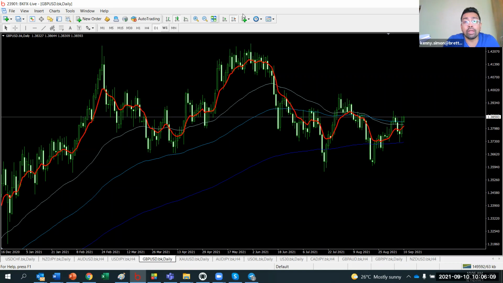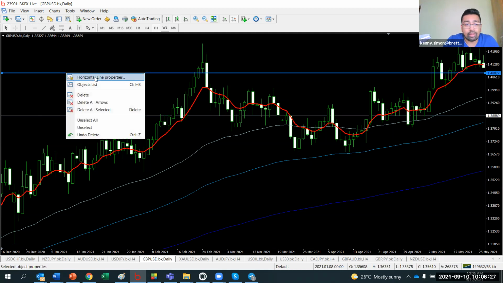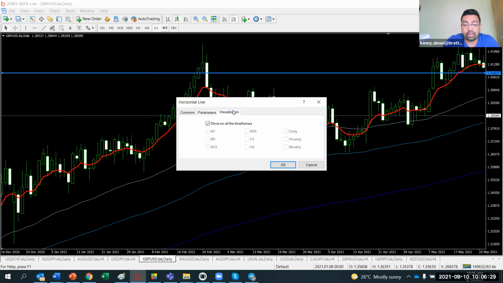If I zoom in on a daily chart, I can see that the price now is at the 3859 area or so, but then it might want to respect the opening price of a mother candle right there, making it a support level as well. So I'll make this line a little bit thinner as well. Okay.